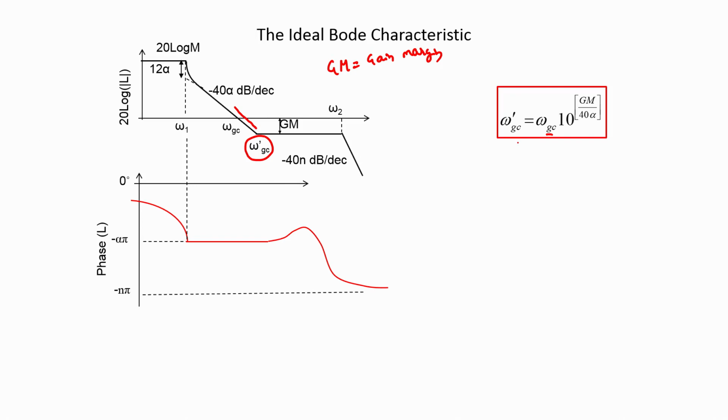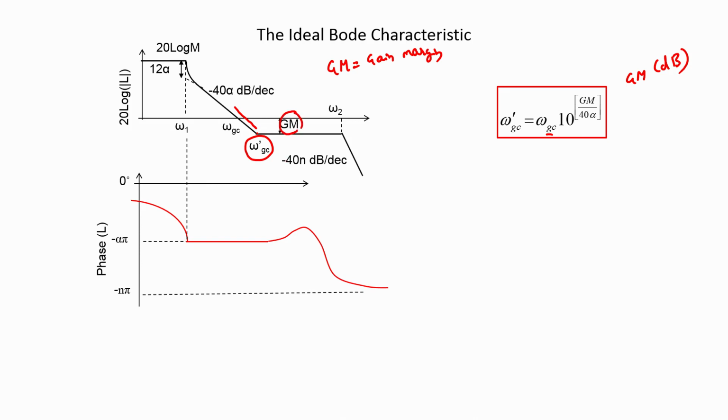Omega prime gc is equal to omega gc times 10 to the power gm by 40 alpha, and that is simply obtained by noting that the slope of this curve between the frequencies omega gc and omega prime gc is given by minus 40 alpha decibels per decade, and here we note that gm has been represented in decibels. So we have to continue this magnitude characteristic up to the frequency omega prime gc in order to make sure that our open loop system has a specified gain margin gm.